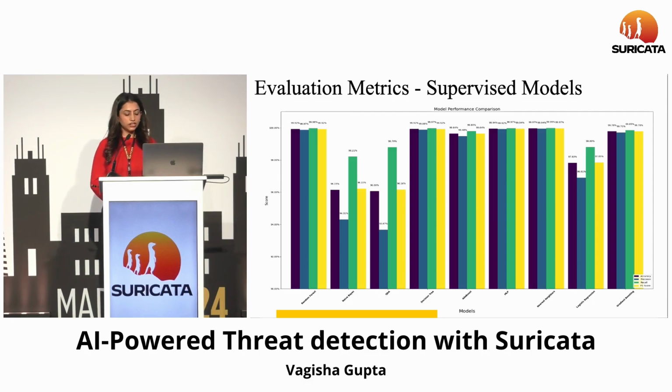In terms of recall and precision, which tell us how well the positive and negative classes are performing, you can see the decision tree and, I think, nearest neighbor were the ones which gave the highest recall and precision. Logistic regression, naive Bayes, and QDA were the ones which had lower accuracy and other metrics. From the graph, you can see it was around 96.15%. Not low enough, but as compared to other models, it was low.